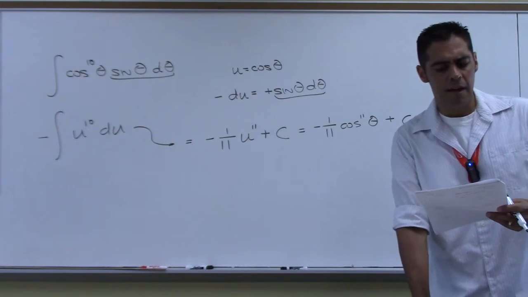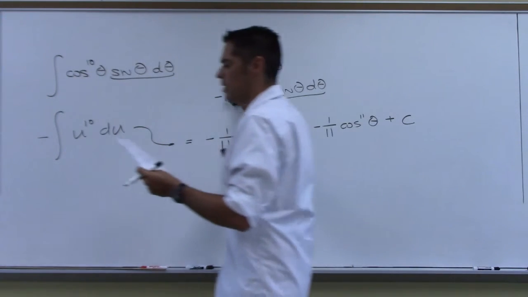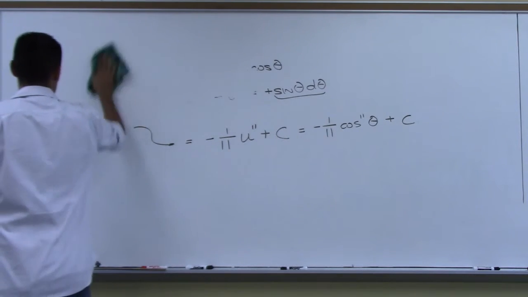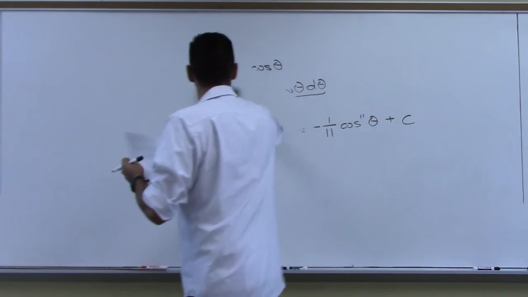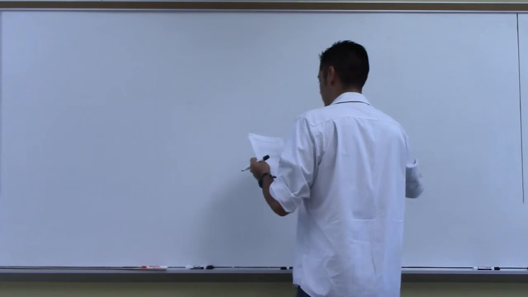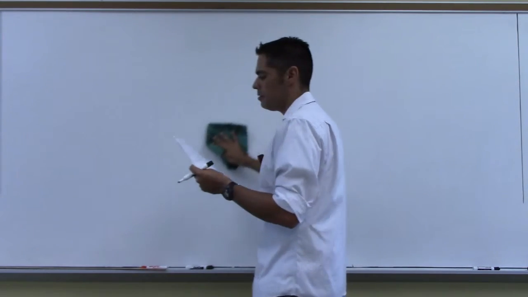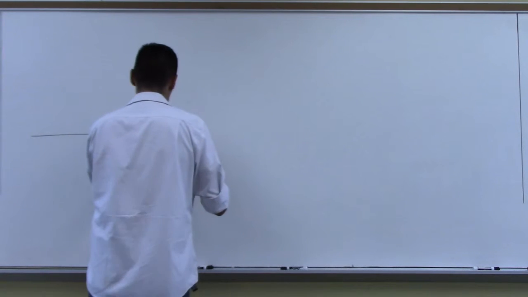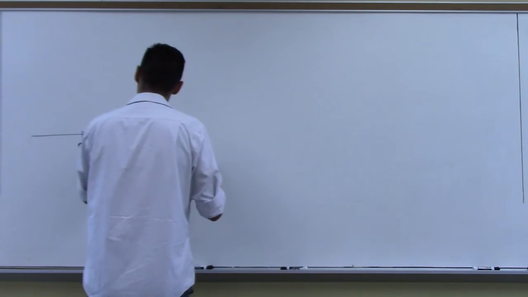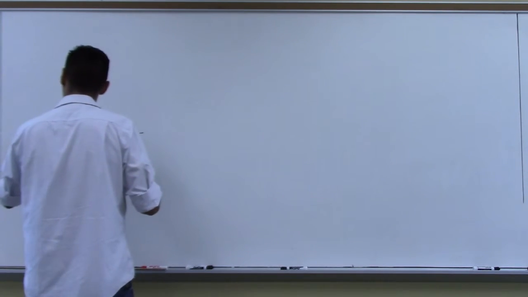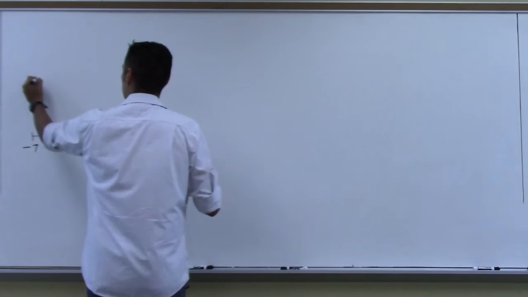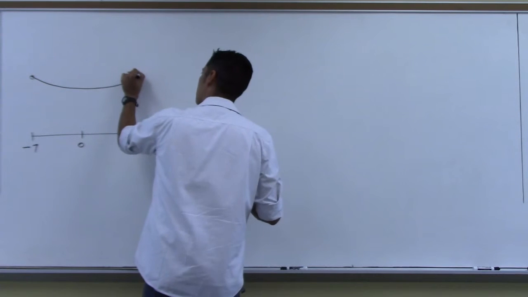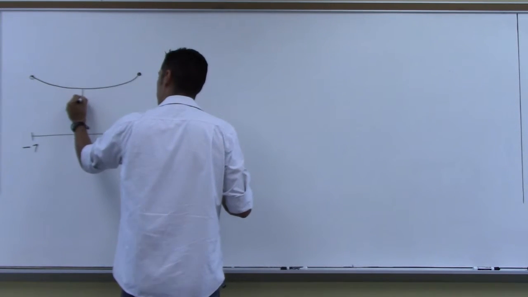A telephone line hangs between two poles 14 meters apart. What is the shape of that called? Catenary. So you have this wire hanging. They have 0, 7, -7. The wire hangs from two poles in the shape of a catenary.